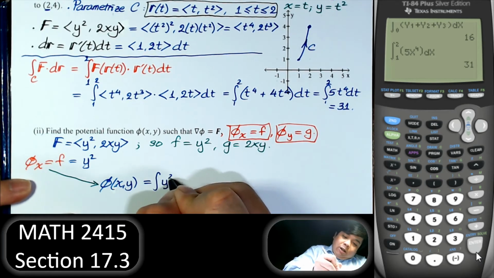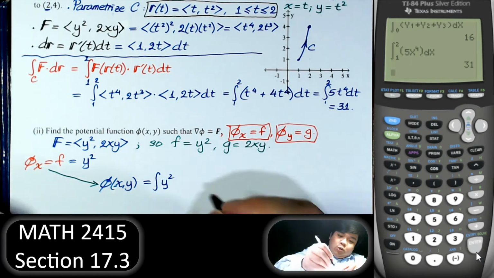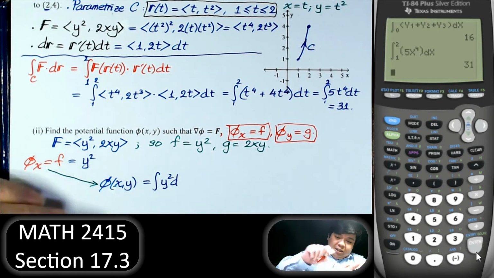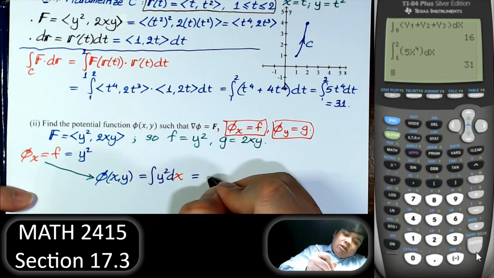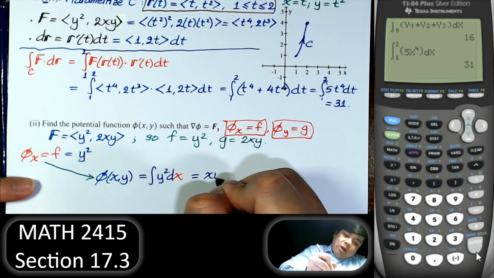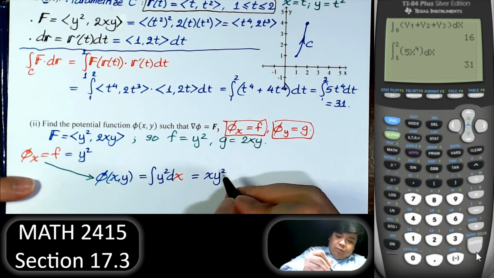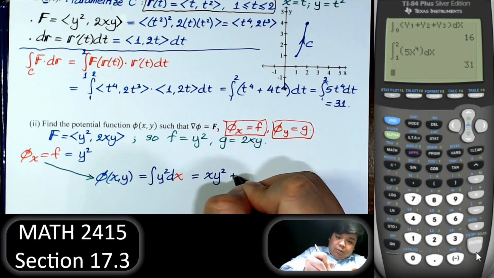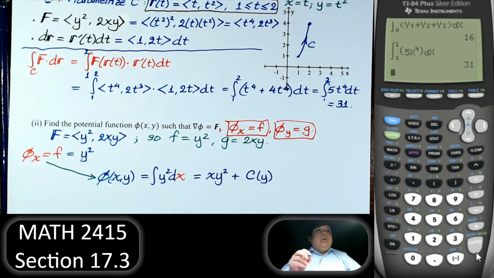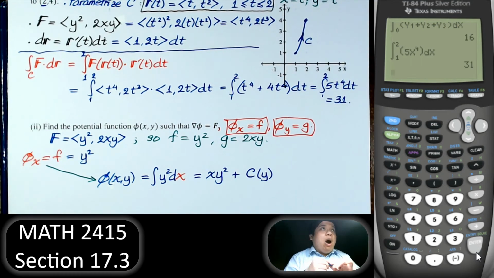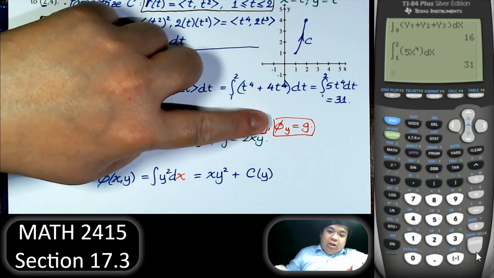Integrate y squared with respect to x. With respect to x, y squared is constant, so we have x y squared plus a constant with respect to y. Because we integrate with respect to x, everything that has y in it will be a constant. Alright, so we took care of the first one.